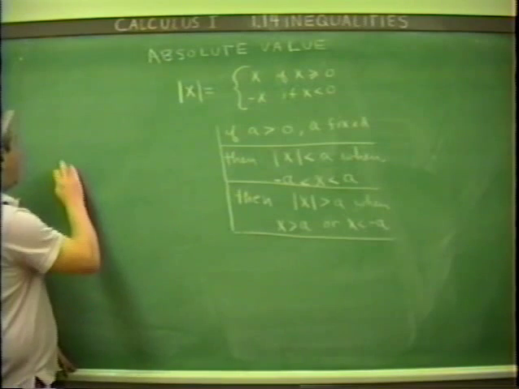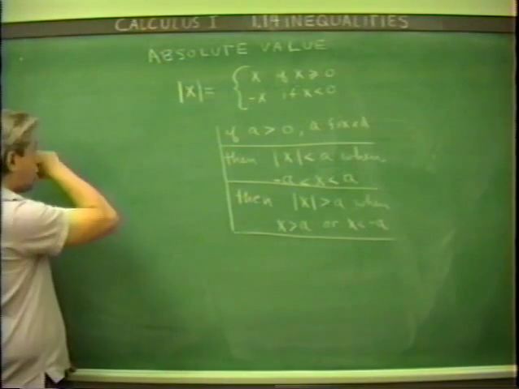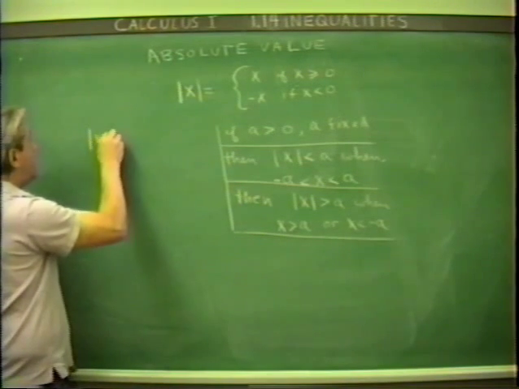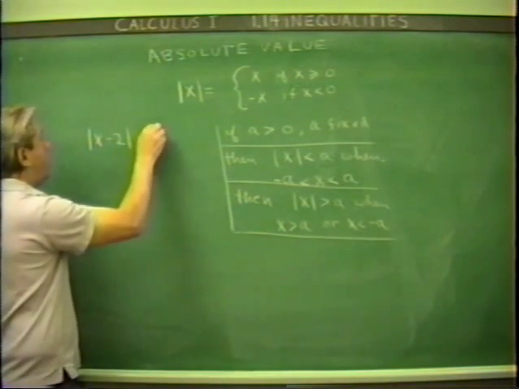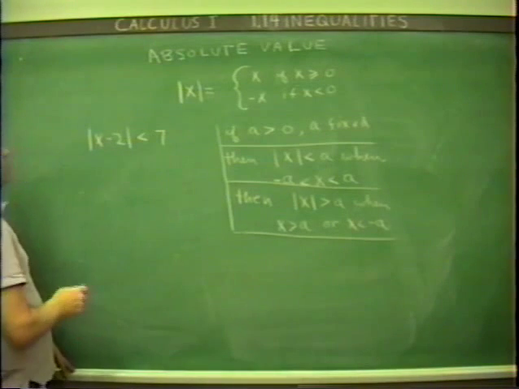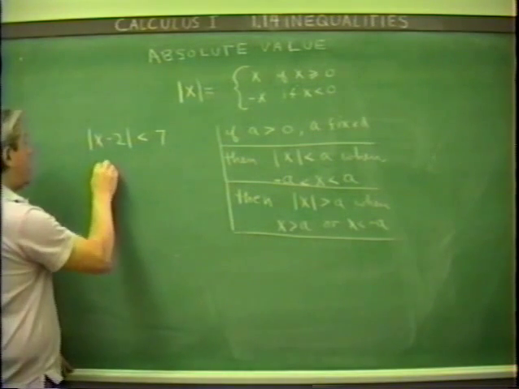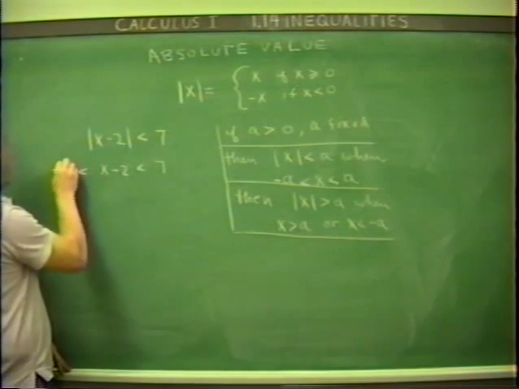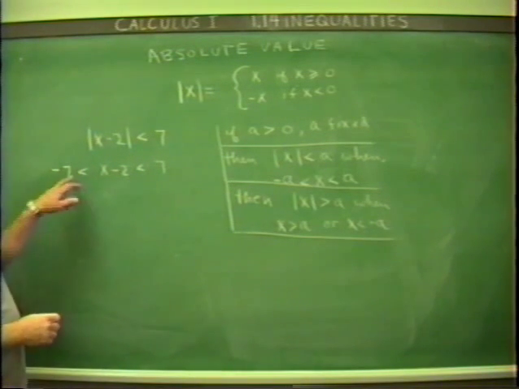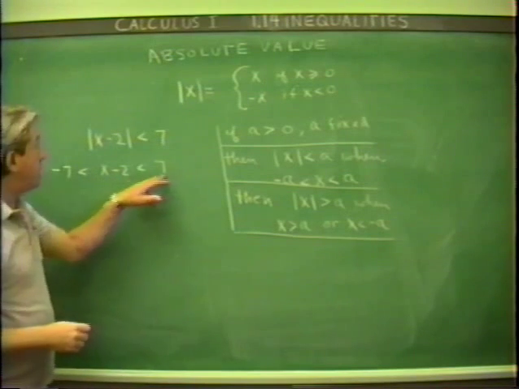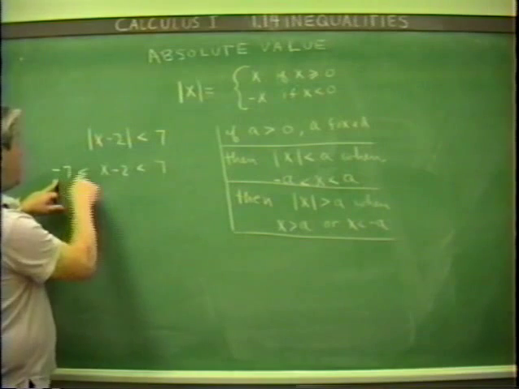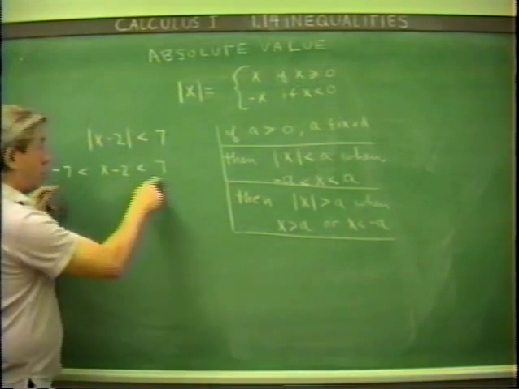Okay, so what this will do is allow you to solve simple inequalities where you have a fixed number over on this side here. For example, absolute x minus 2. If we want to know when this is less than 7, it's going to be less than 7 when x minus 2 is less than 7 and greater than minus 7.